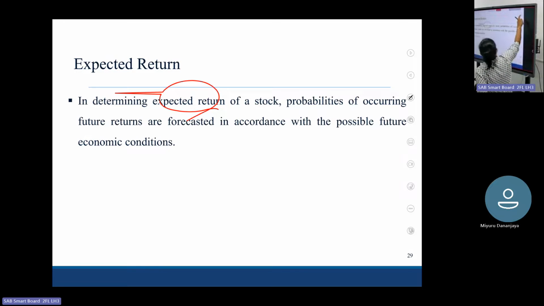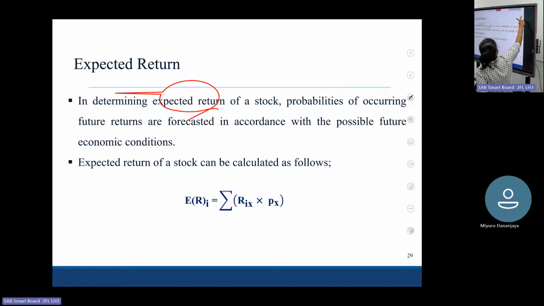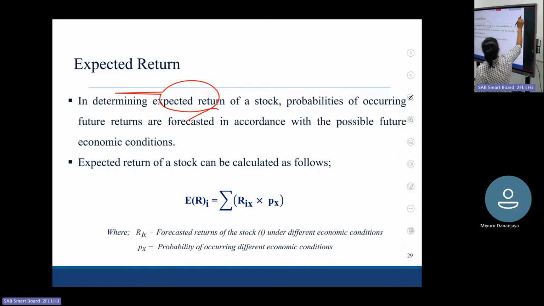So the formula for expected return calculation is like this. Very easy actually. Expected return is equal to the sum of Ri times Px. Ri means forecasted return, don't mix it up. Ri is the forecasted return of stock i under different economic conditions. Expected return and forecasted return have two different meanings.